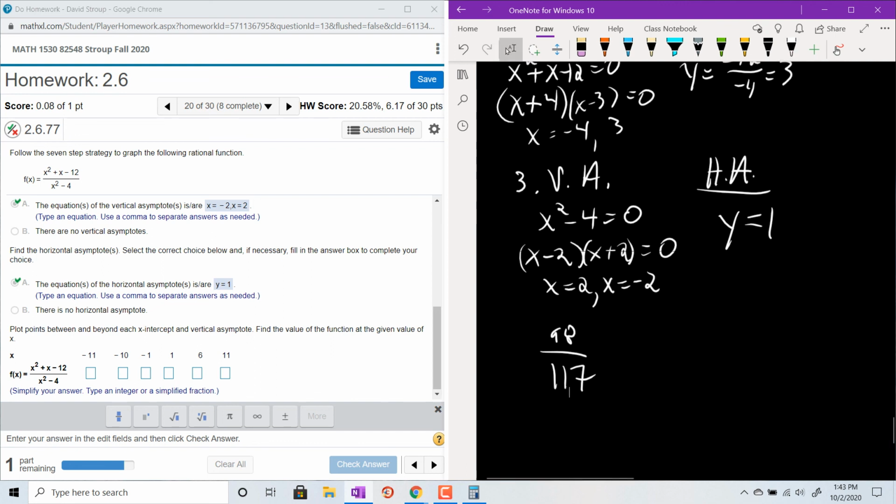So 117. 100 minus 10 is 12, 78. All over 100 minus 4 is 96. (13/16).